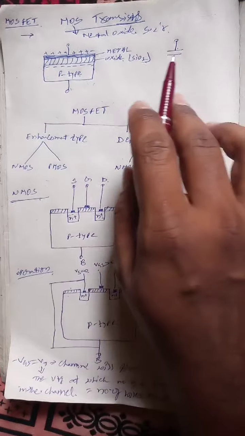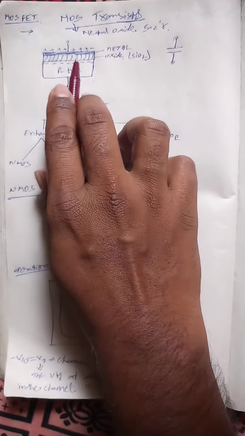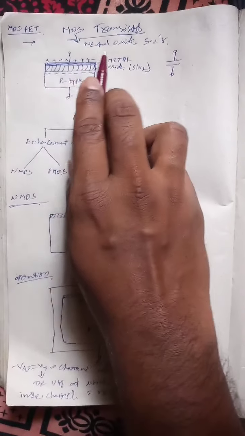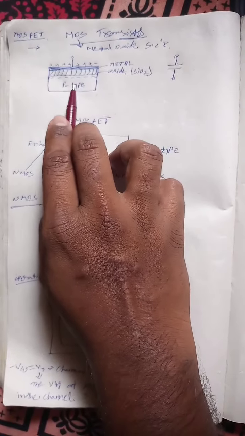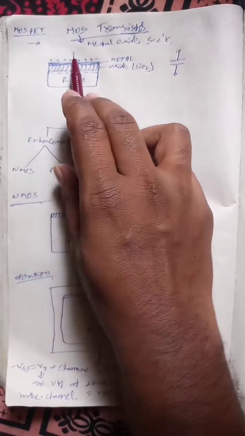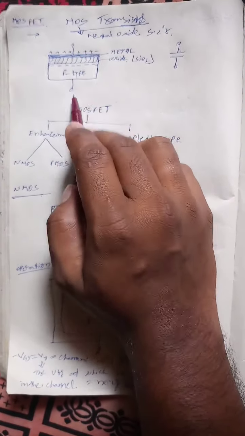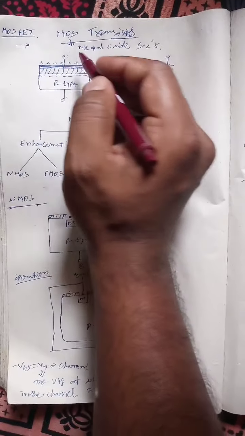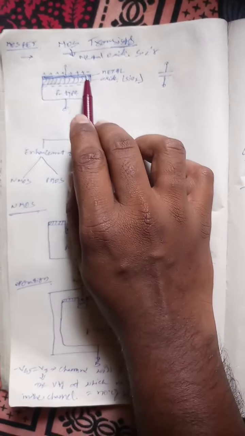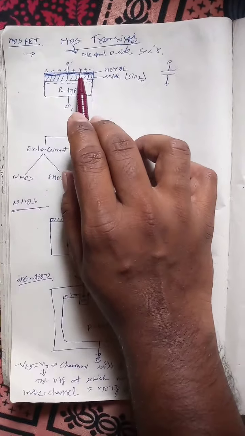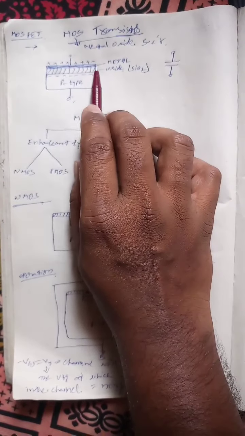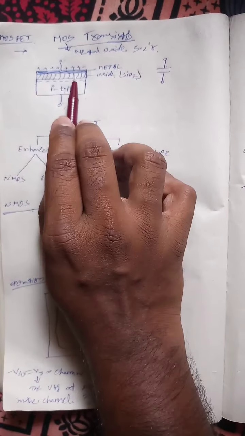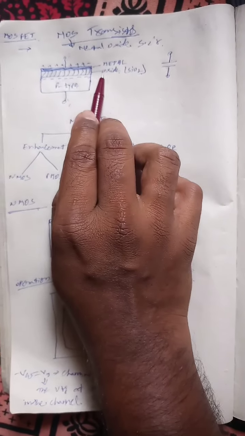The symbol, or the structure made up of this metal oxide semiconductor, will be in this format. Here you can see two terminals. One is this terminal and this is the other terminal. Let us assume this one is positive and this one is negative. On this side, you can see a plate made up of metal, and the second layer is made up of an oxide.